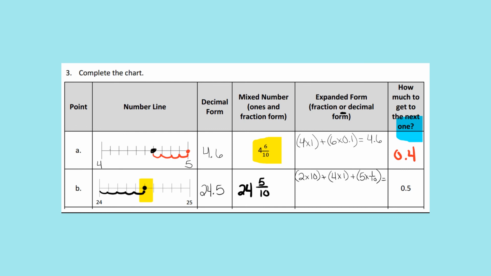And if I put this all together, my answer is 24 5/10. They filled in that last box for us. In order to get to my next whole number, 25, I would need to go another 1, 2, 3, 4, 5 tenths, and that's what they wrote.